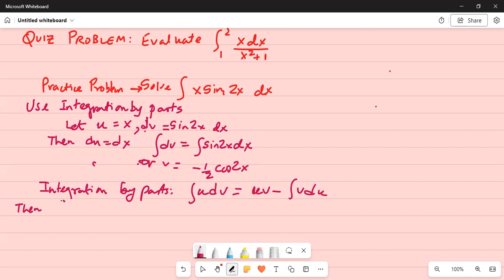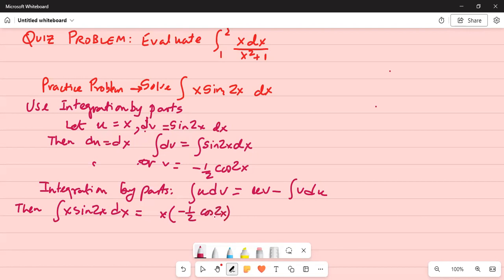So the integration of x sine 2x dx, because u is x and dv is equal to sine 2x dx, is equal to uv. Remember, the first term is uv. So u is x times minus half times cosine 2x.